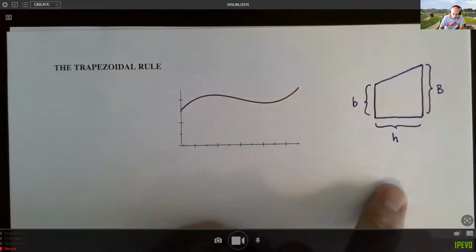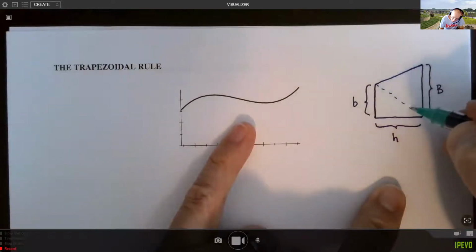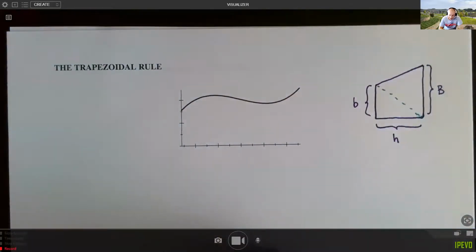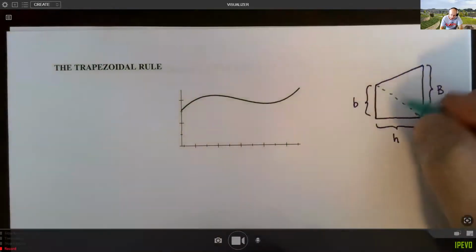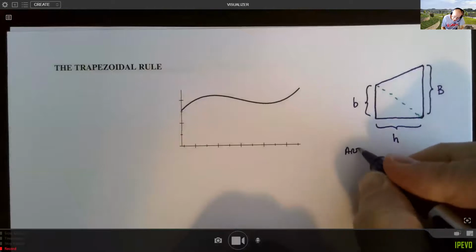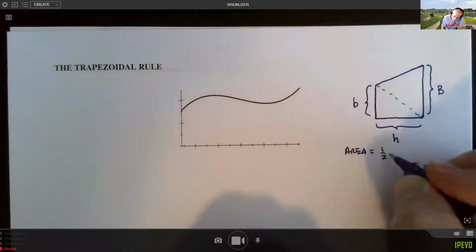And if you don't know the formula for it, here's a little hint. If I do a little dashed line connecting the opposite vertices here, notice that I've divided the trapezoid into two regions, each of which are what? A triangle. And we know the area of a triangle is 1/2 base times height. So the area of this little one is 1/2 little b times h.